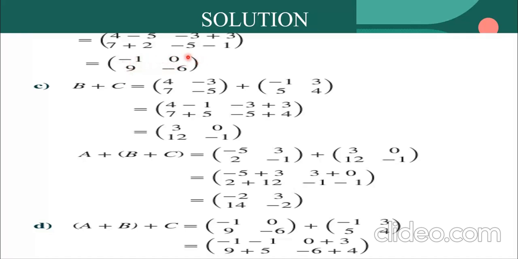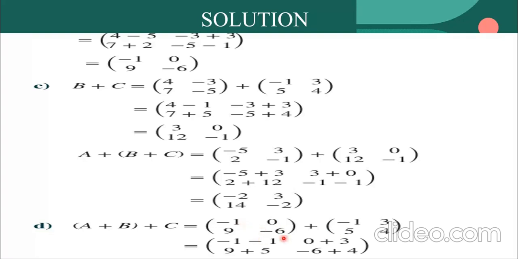So let's pick the result here: minus 1, 0, 9, minus 6, plus our matrix C. You know this is our matrix C. So we are adding it to the result of A plus B. Same dimension, then we add corresponding values.